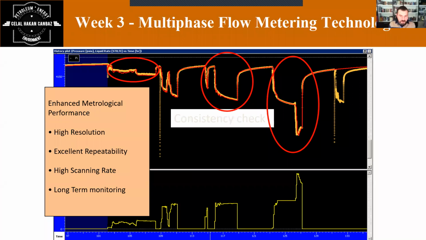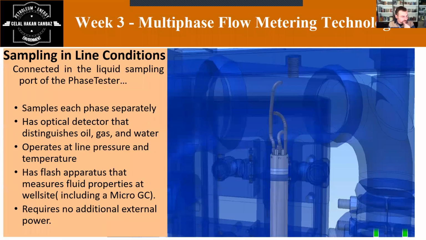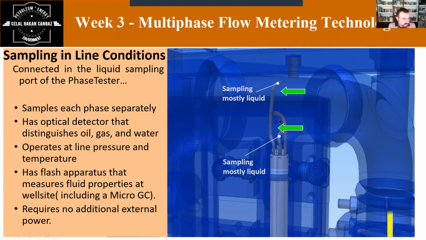Okay, so how does it work? This is the tool. As you can see, it has three different probes. This is the upper part of the VX2. You put your sampler directly through this part. These three probes come directly into the middle of your line.